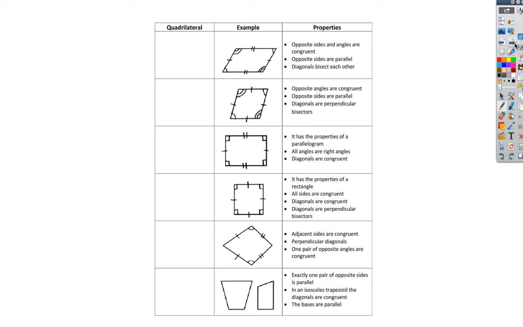Okay, so opposite sides and angles are congruent. So let's check. Looking back at our notes, we saw that opposite sides are congruent, opposite sides are parallel, and it's talking about all sides are parallel, which normally means it's a parallelogram.